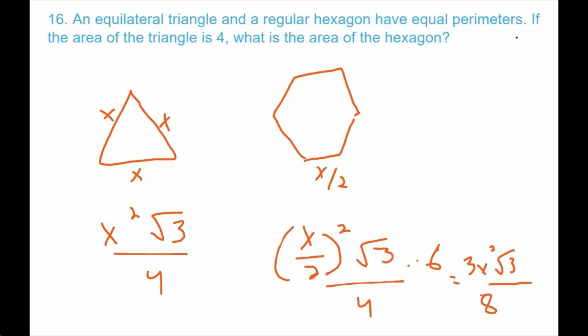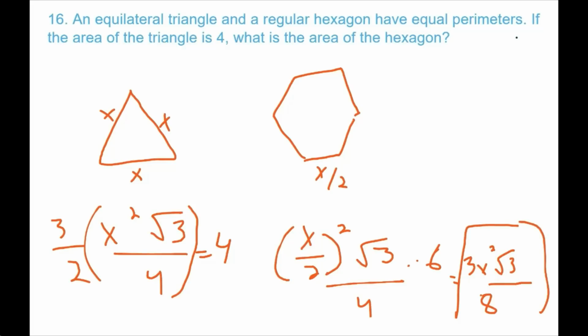If you notice that this part is equal to 4, and if we multiply this by 3/2, we would get this expression right here. So we need to multiply 4 by 3/2 to find the area of this. And this would give us 6. So our answer is 6.